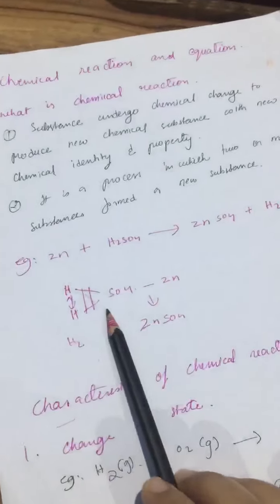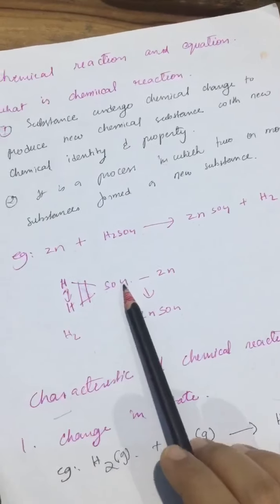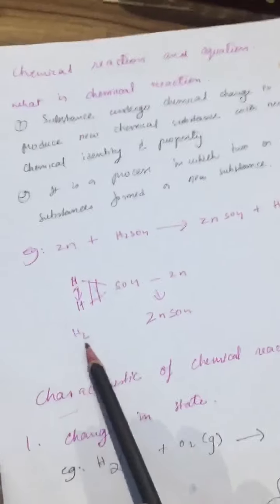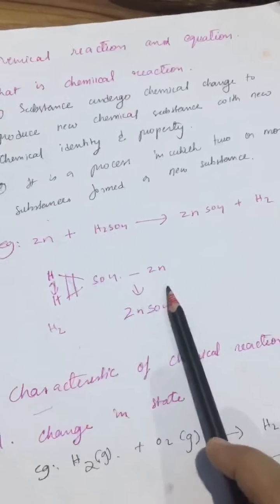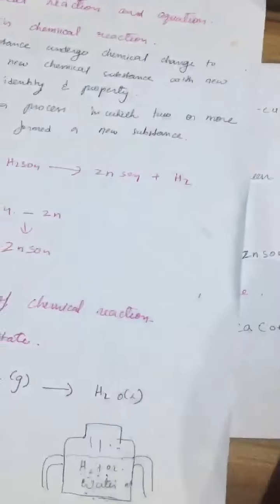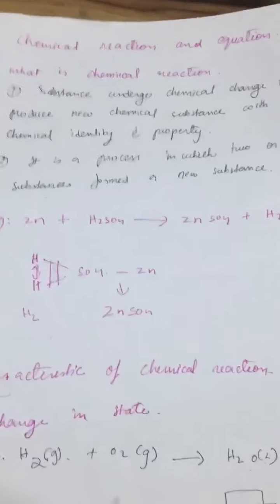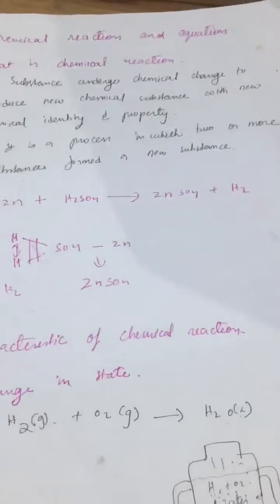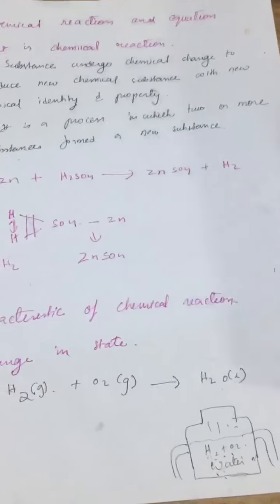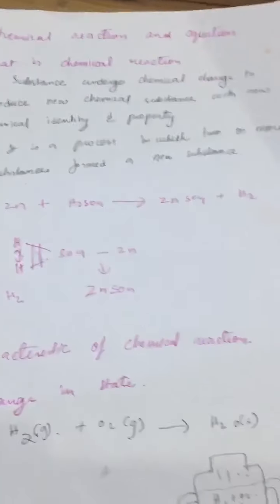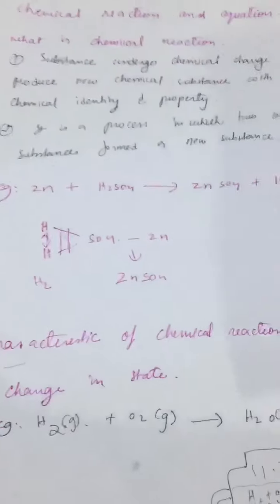The example I said: the hydrogen breaks the bond with SO4 and the SO4 reacts with Zn and they form a new bond. So we can use the same example. We should keep the reactions in mind, because chemistry is all about reactions and chemical equations. If you use similar ones, it will be easier for you.